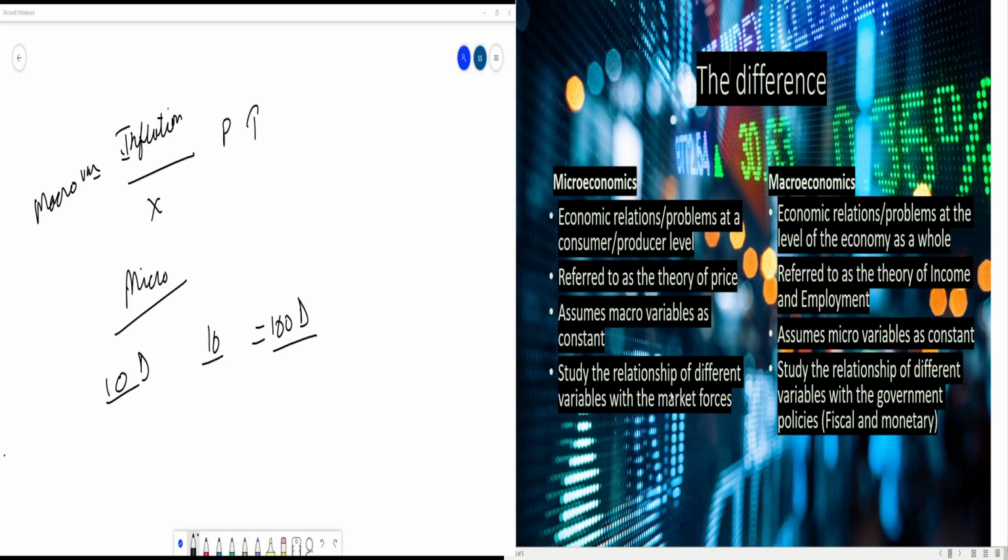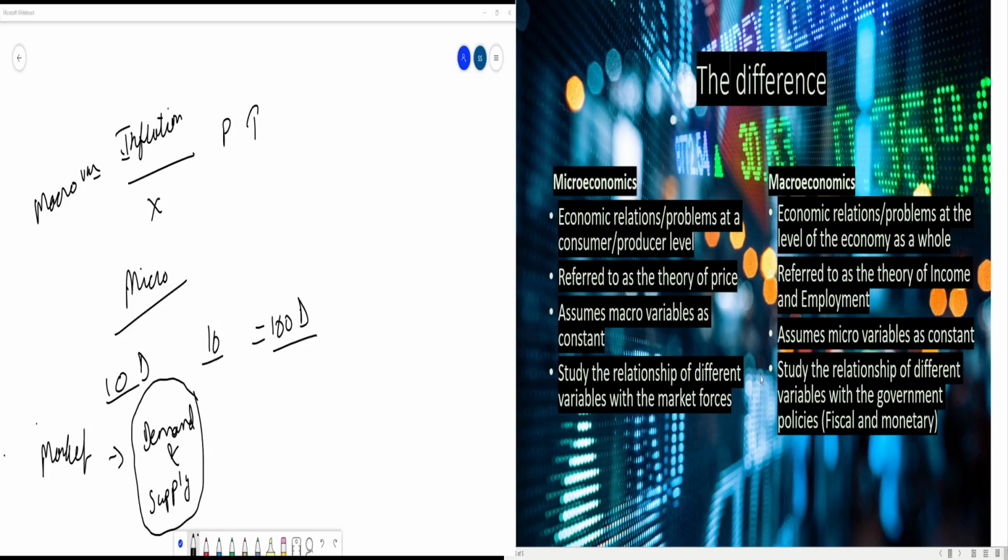Now at last, in microeconomics we study the relationship of different variables with the market forces. Now what are market forces? Market forces mean demand and supply. So if we research anything, or try to establish a relationship between anything, we will make that relationship on the basis of demand and supply.